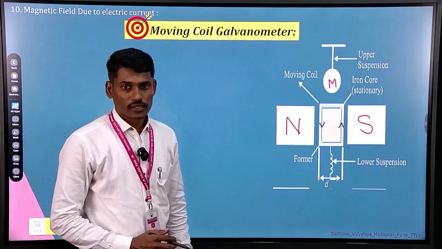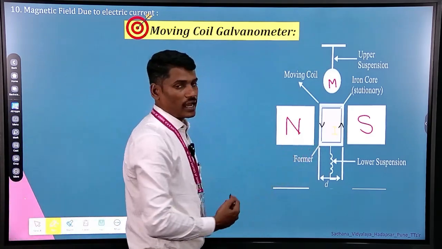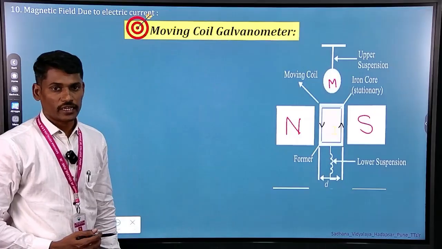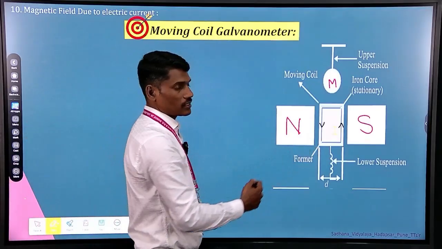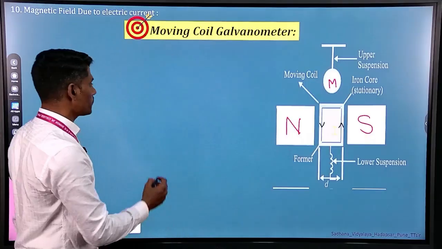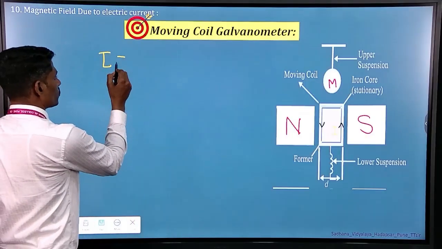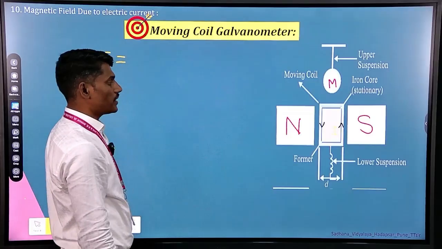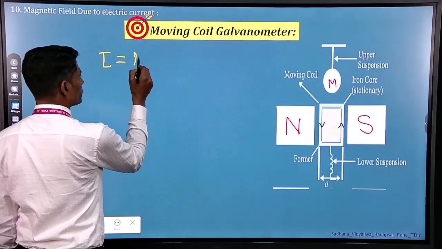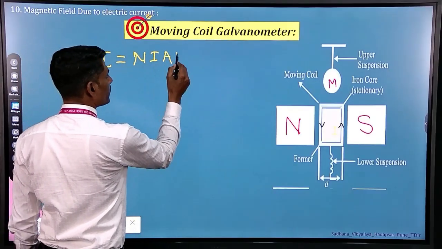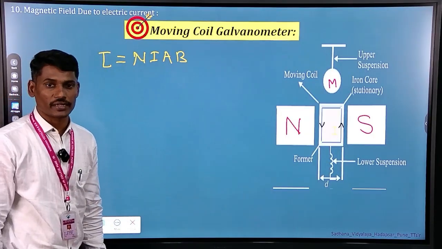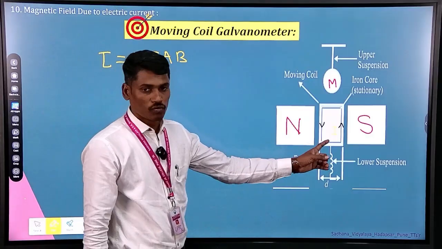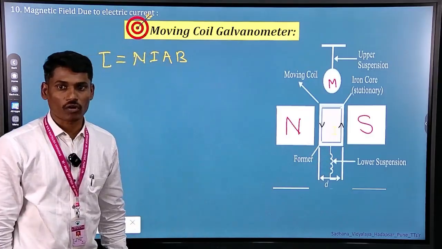Now here when current I is flowing through this coil, then torque is exerted on the coil in the external magnetic field. So the torque exerted on the coil due to the current I and external magnetic field is N I A B, right. This torque is also called the magnetic torque on a current loop or the suspended coil, right.